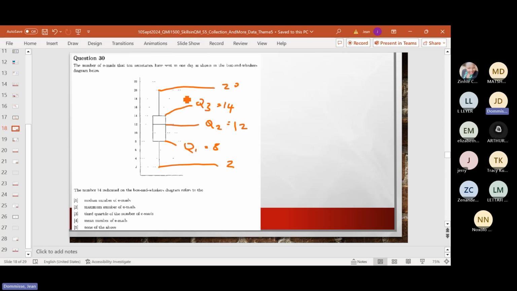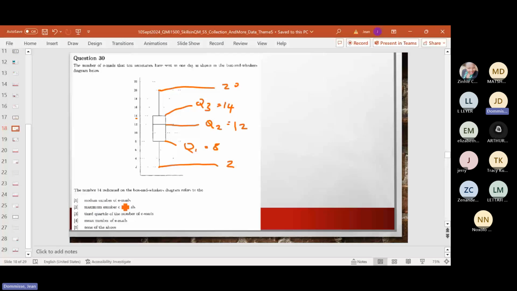Okay, so let's then look at the different options. The number 14 indicated on the box and whisker diagram refers to, okay, so number 14 refers to quartile 3.